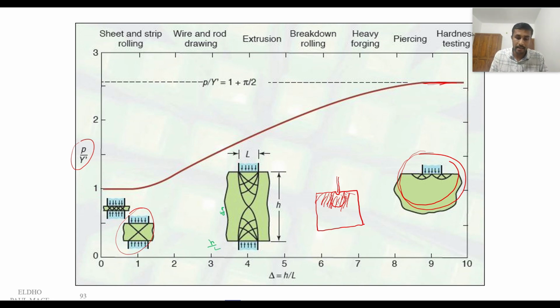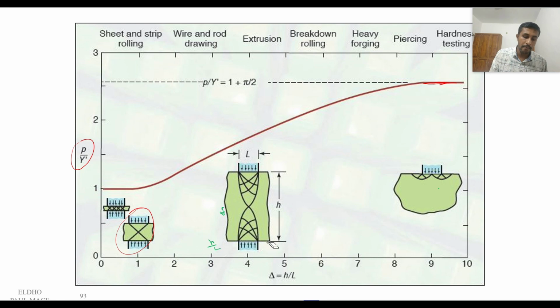So when we make an indentation, the surrounding material offers a resistance against the deformation. The bulk material surrounding this indentation offers a resistance against the deformation. So because of the resistance, a higher amount of pressure is required in the case of hardness testing.